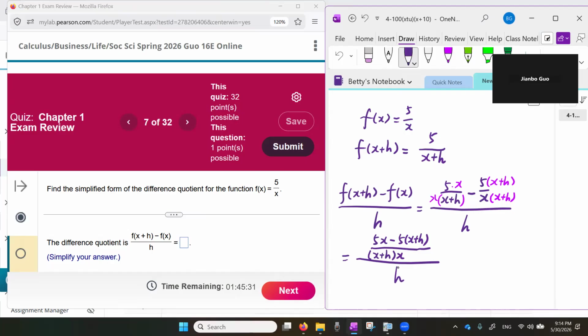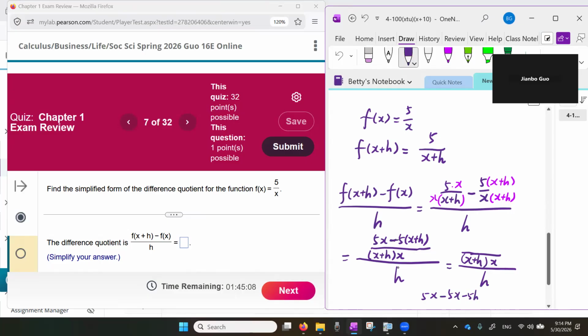Over h. So the denominator of the top is x plus h times x. Numerator is going to be 5x minus, distribute, 5x minus 5h, all right?